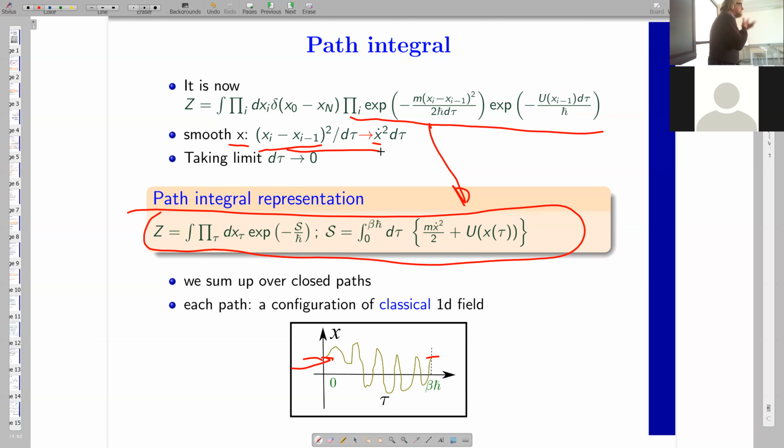The Lagrangian depends on velocity, x dot. Fine, so the Boltzmann weight for this path is determined by the Lagrangian. But stress, there's no quantum mechanics in x, there's no wave function associated with x. It's just a classical variable.